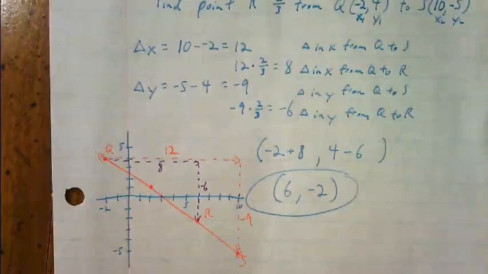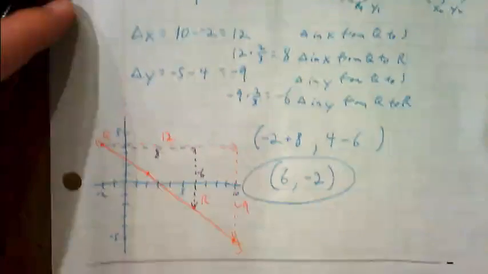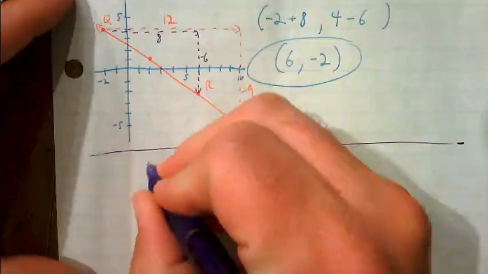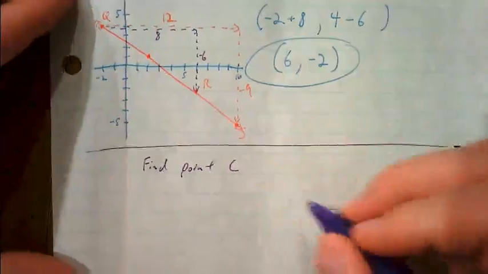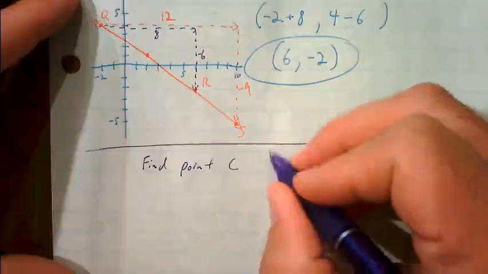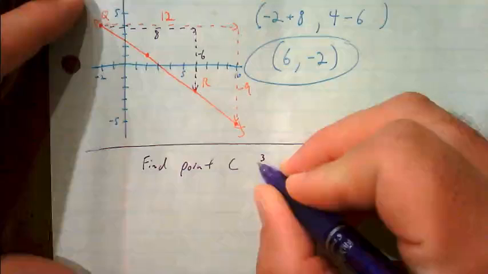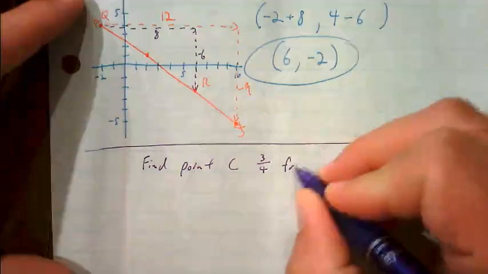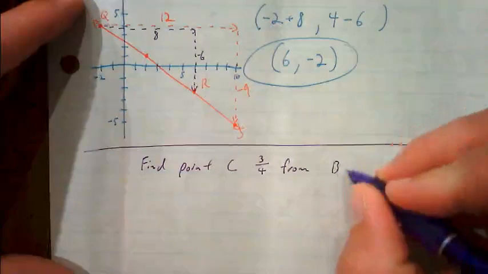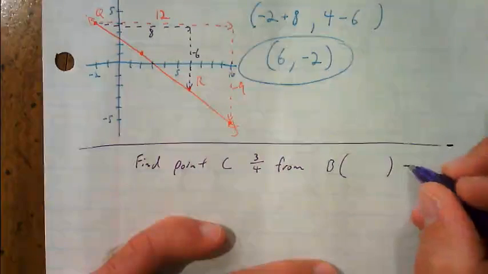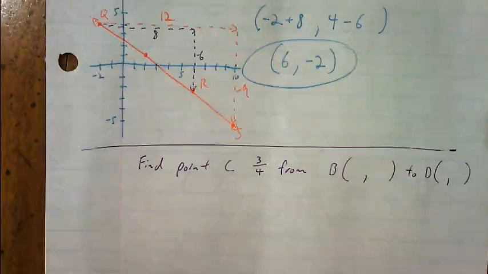So let's write some of the points here. Find point C that is, let's say, 3/4 from B to D. Now, I gotta come up with some points here, so give me a second.